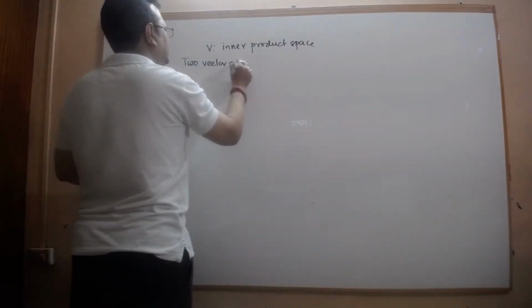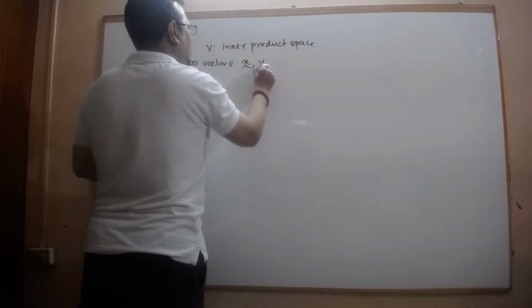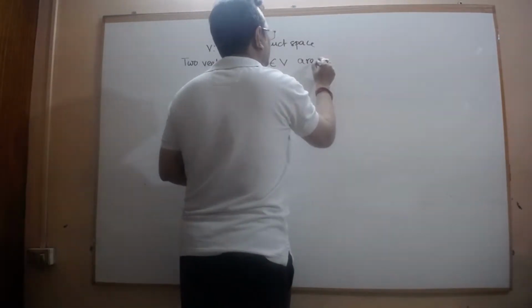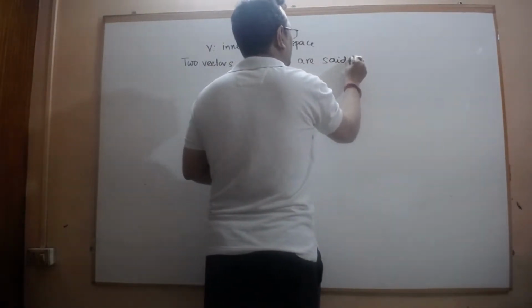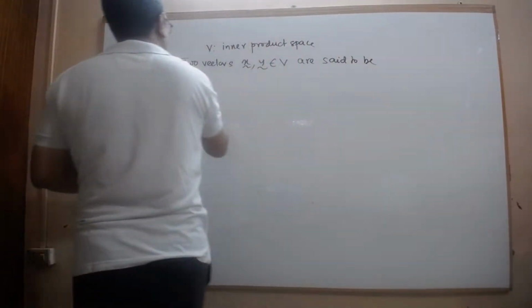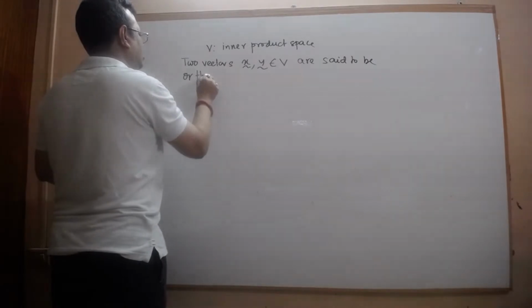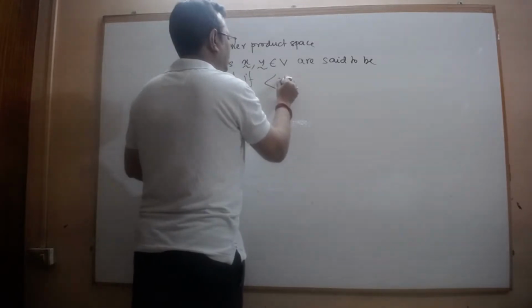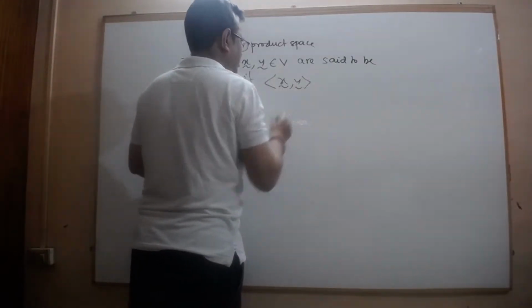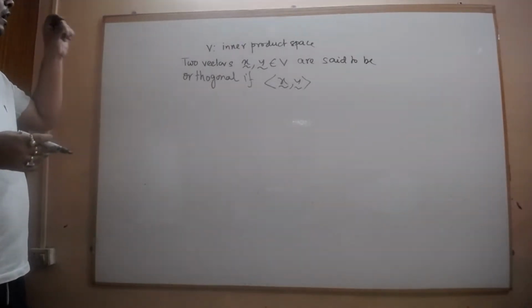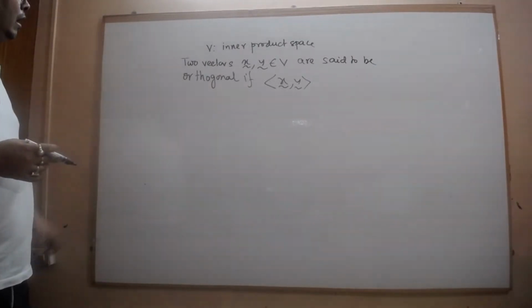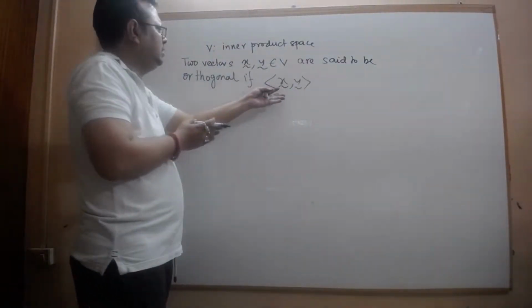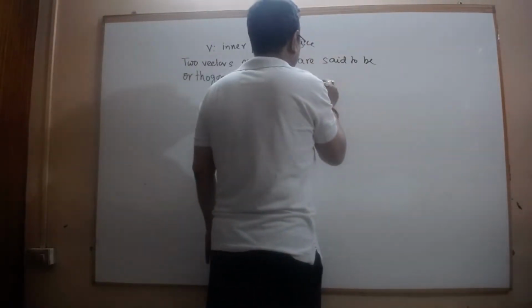Two vectors x curl, y curl belonging to V are said to be orthogonal if the inner product or scalar product, since I consider real Rn, so you can call this an inner product or scalar product, is 0.